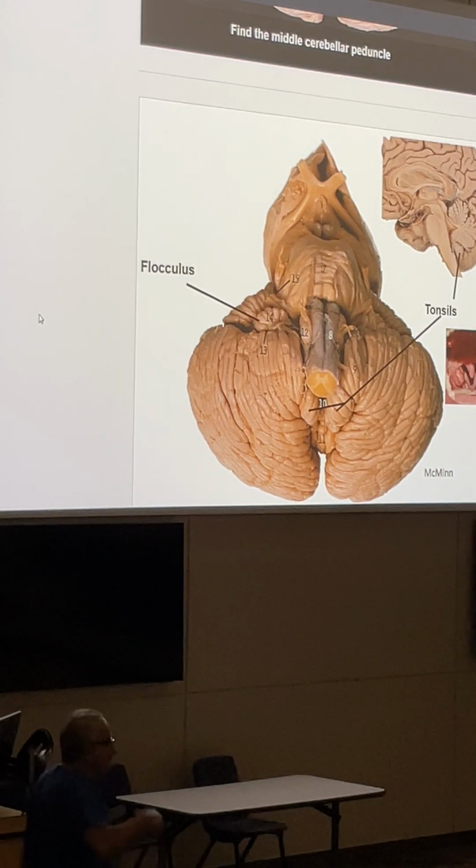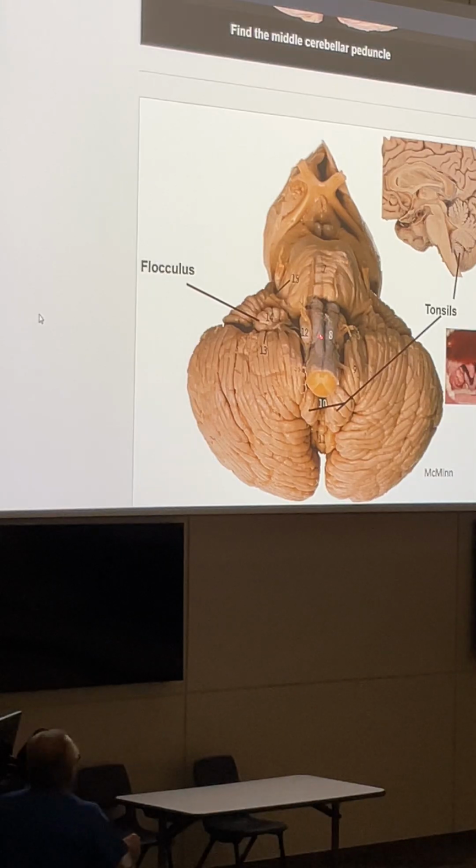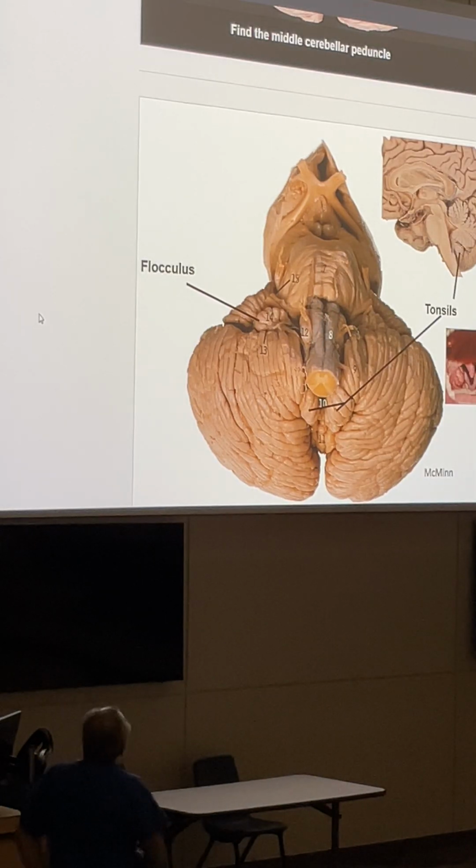I know that you guys are busy, but the game is a catch-up time. Tonsil, vermis, pyramid, medulla, flocculus.